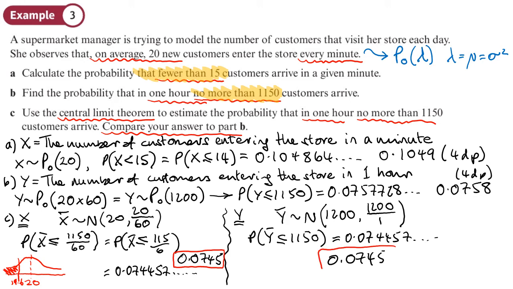Now the question says what we need to do is to compare our answer to part B. Now part B, what did we get an answer of? It's over here, look. There it is. Not big difference. Okay, so it's quite close. So I would say that the central limit theorem gives us a good approximation.